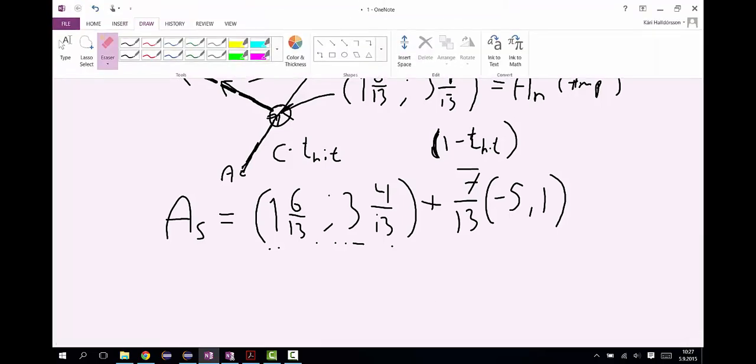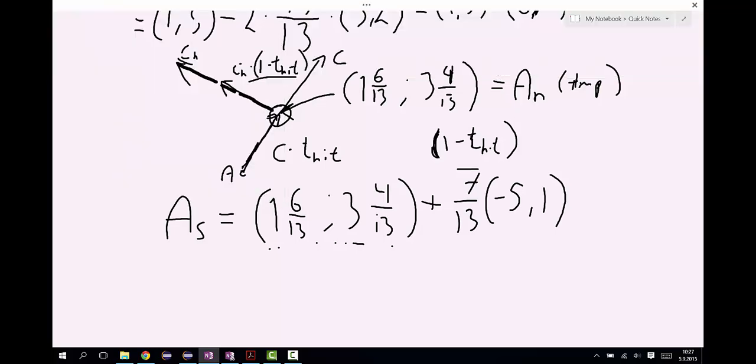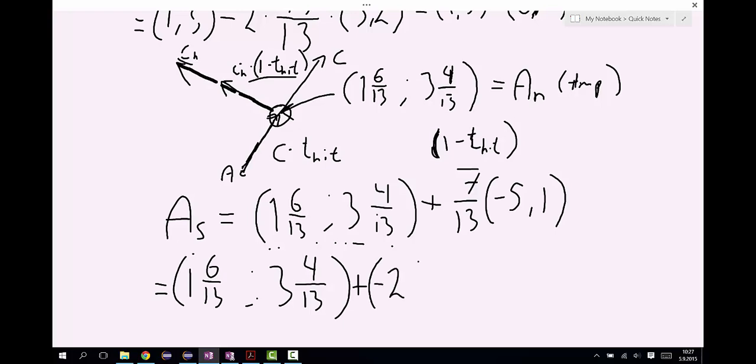What we need to have here is, okay, so this equals 1 and 6/13, 3 and 4/13, plus what we had earlier, which was -2 and 9/13 and 7/13. So this is what's being added. This is where we were at.